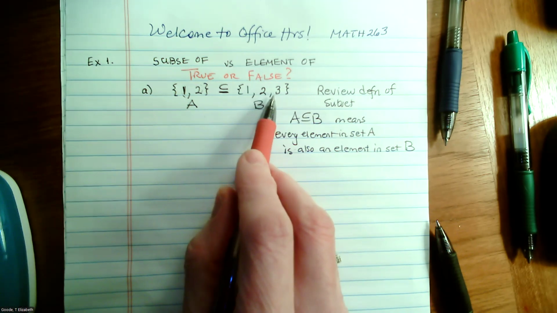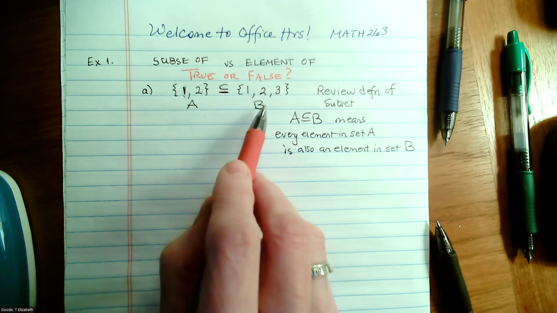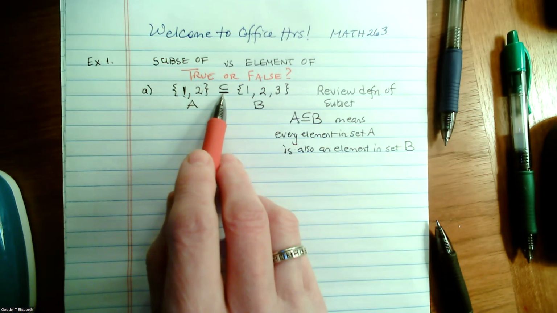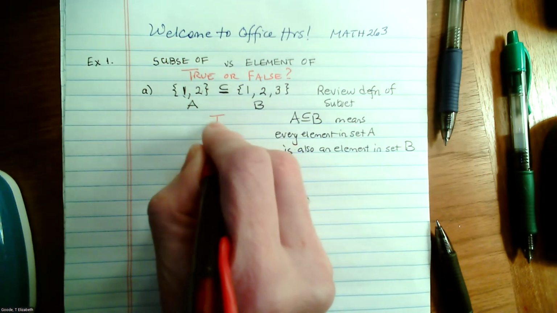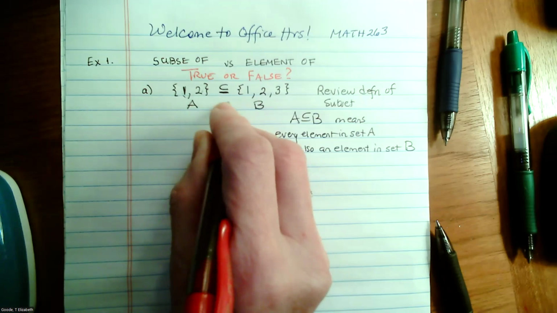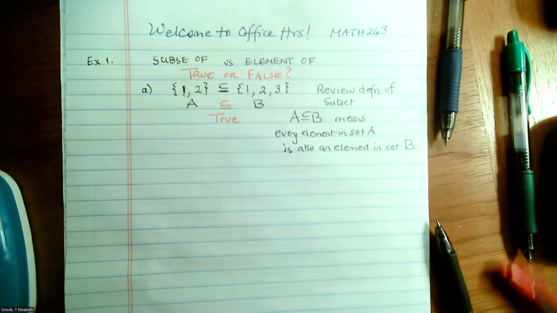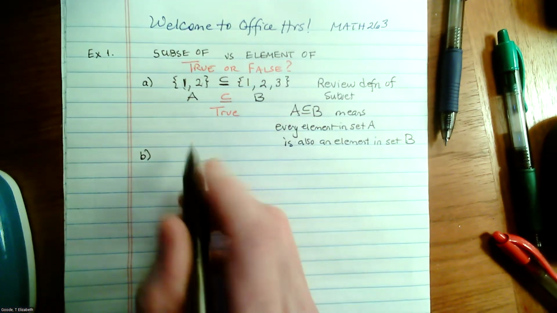The 3 is in B. It's not in A. I'm not saying A is equal to B. I'm saying A is a subset or equal to B. Okay. See, so it's true because every element in A is also an element in B. Oh, okay. See it. Good. Aha, something just made sense.